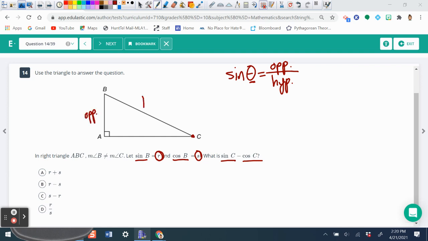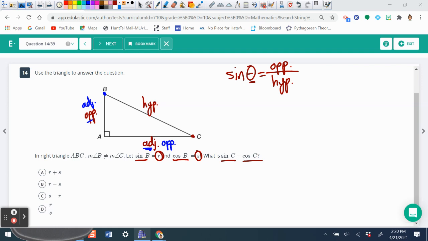And of course, BC will be the hypotenuse, which means that AC is considered the adjacent side to C. Well, what happens when we're looking at angle B instead? In fact, opposite of angle B is AC, which was the adjacent side to angle C. Therefore, BA is the adjacent side to angle B, which was the opposite of angle C.